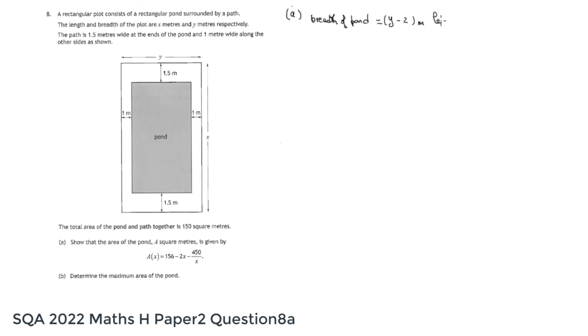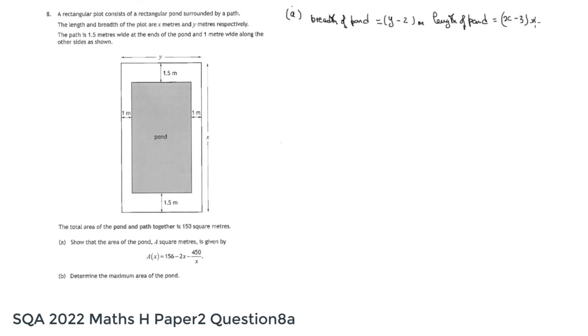And the length of the pond in a similar manner, this length here, well, it's x minus a couple of path widths, and this time it's a couple of 1.5 meters. That's 3 meters altogether. So it's x meters minus 3 meters, x minus 3.